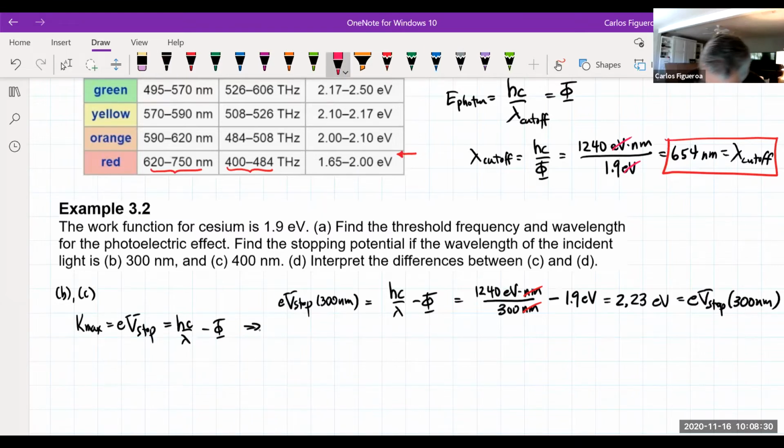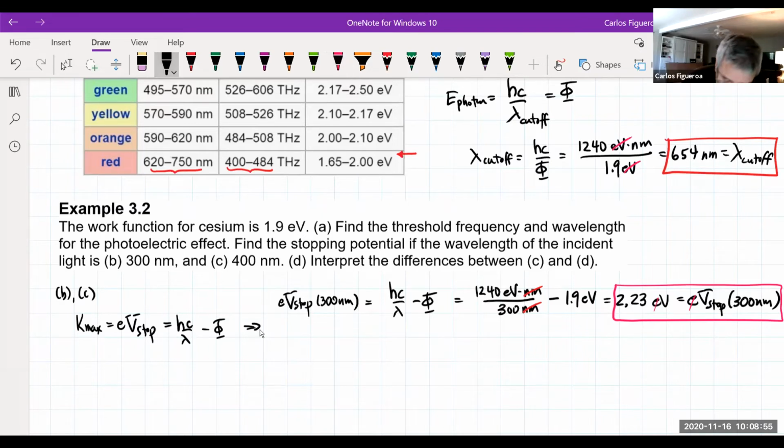Now, I know that I'm not using my language correctly because that's energy, that's not the stop voltage. But you can clearly see that I could come in here and cancel out the e's and just say, what's the stop voltage? What would you set your power supply to? It would be 2.23 volts.